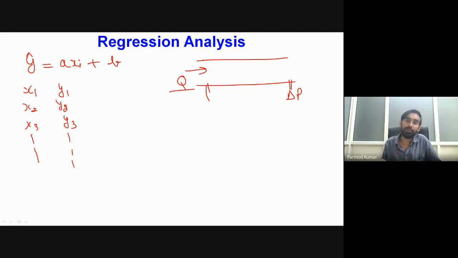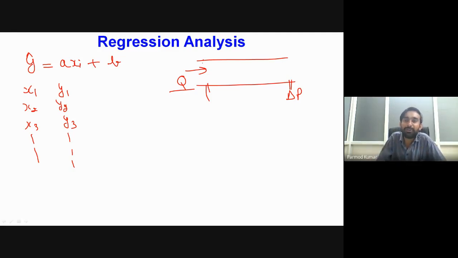So Q and delta P have a certain correlation between them. Once we have obtained the experimental data, we are trying to correlate the two different parameters obtained from the experimental observations.